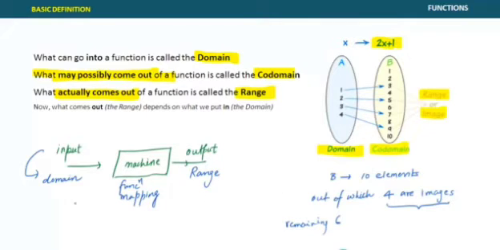So the range in this particular question, as I have highlighted, is only 3, 5, 7 and 9. If I have to talk about the range, I will write 3, 5, 7 and 9 as the range. Whereas codomain is the entire set B. Understand it this way, codomain is actually set B, what all possible values it can take.